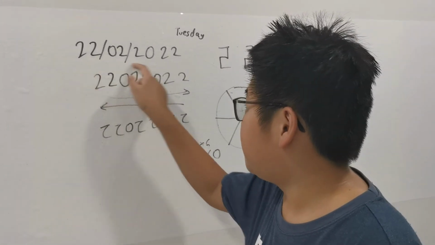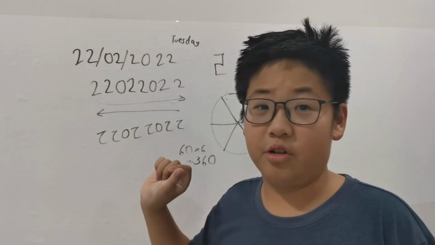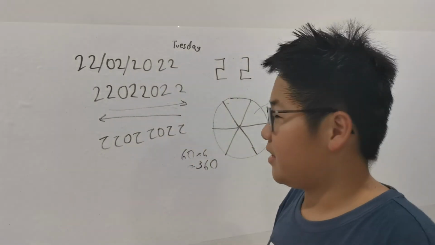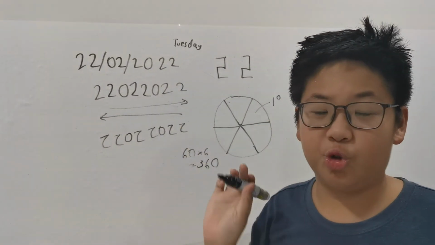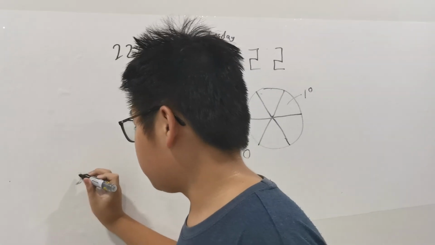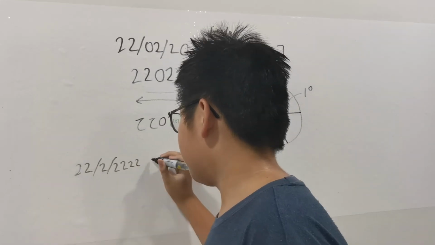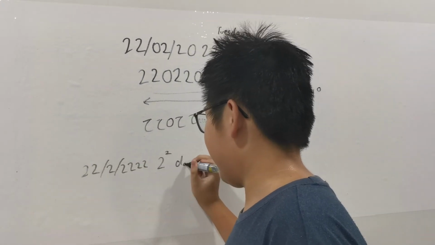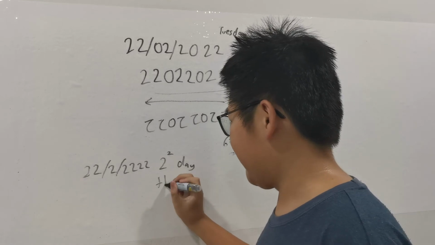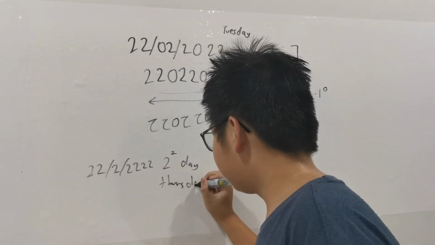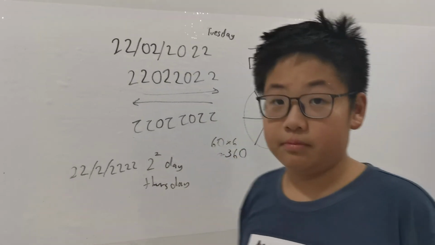Now, incidentally, if you put this into the day of the week algorithm, you get a Tuesday. Now, how's this for another Tuesday? Let's try 22nd of February 2222, which lands on the 2 squared day of the week, which is a Thursday. Wow.